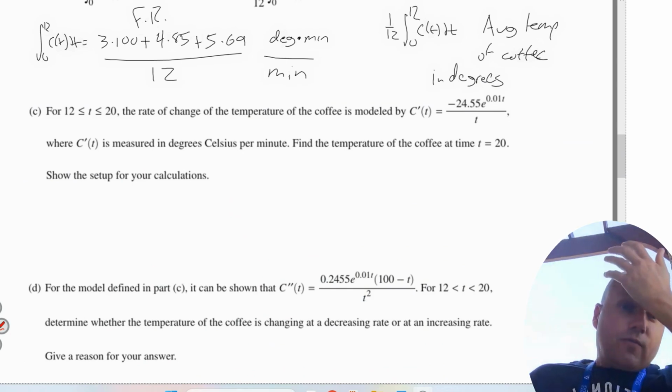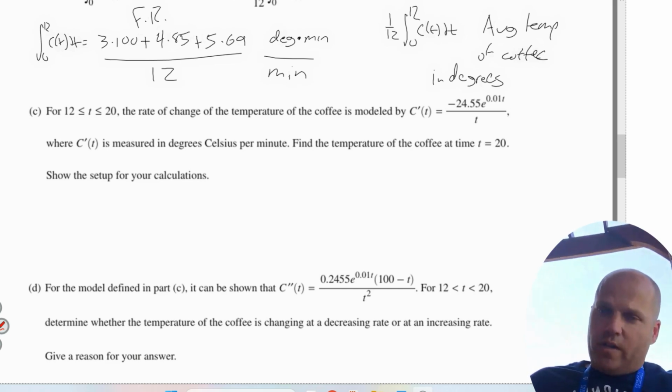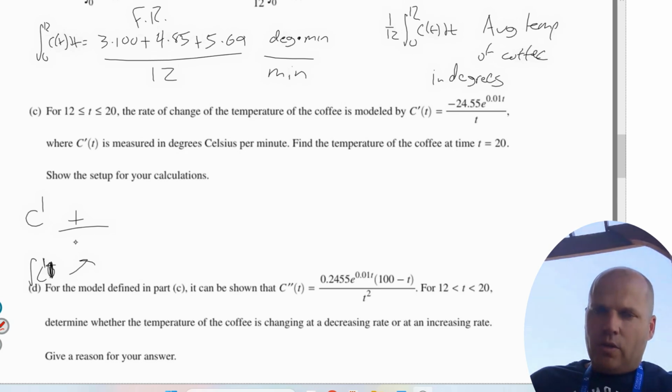We have our derivative of C from 12 to 20. Well, our derivative of C, if accumulated, will tell me how much my temperature changed. It's a value. C prime being positive means C is increasing.